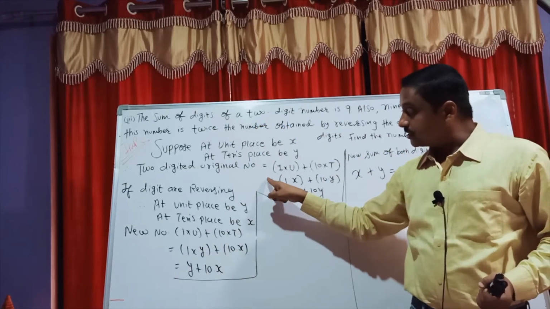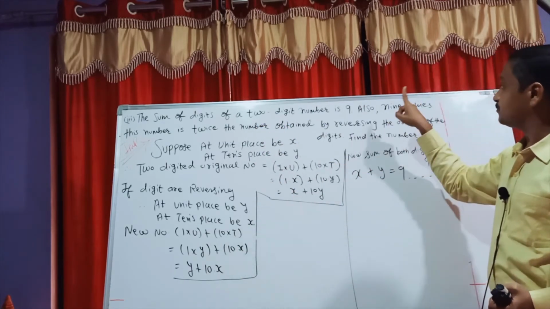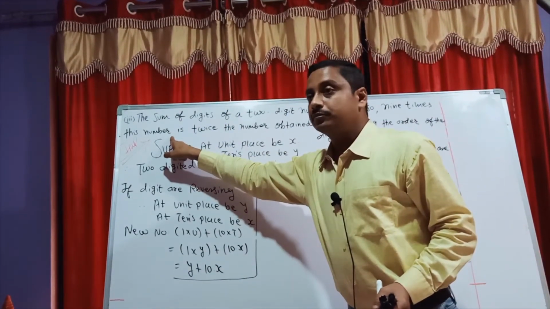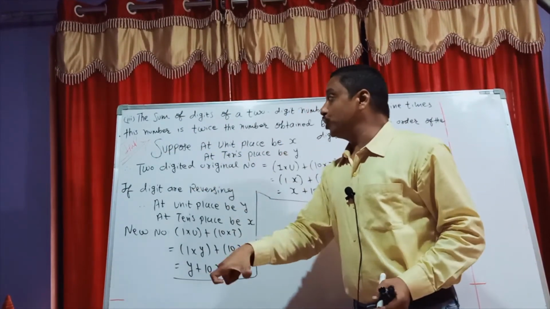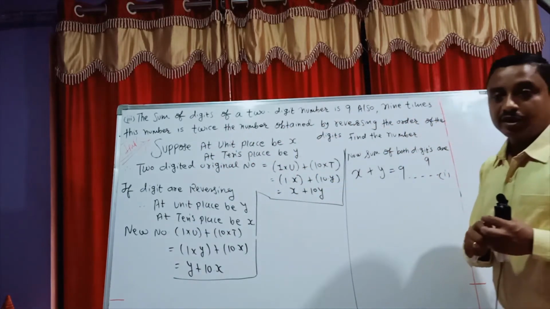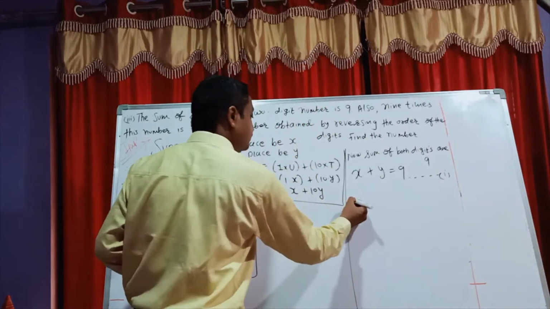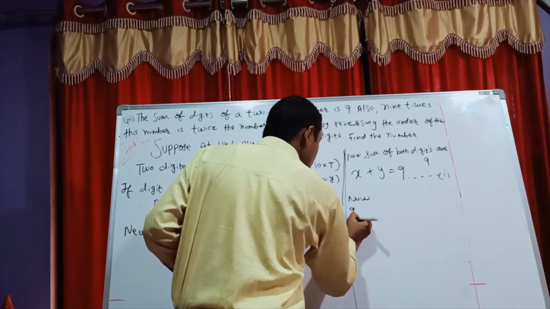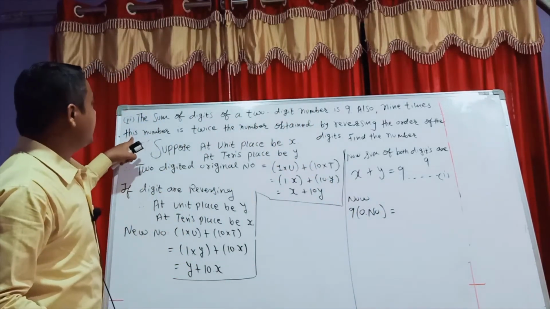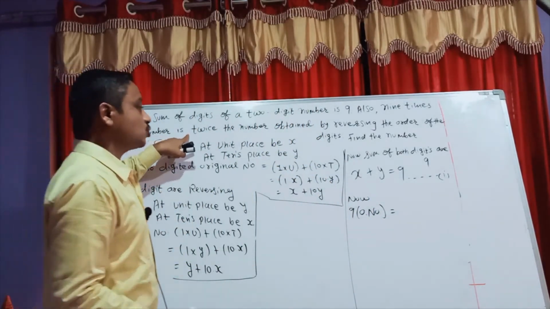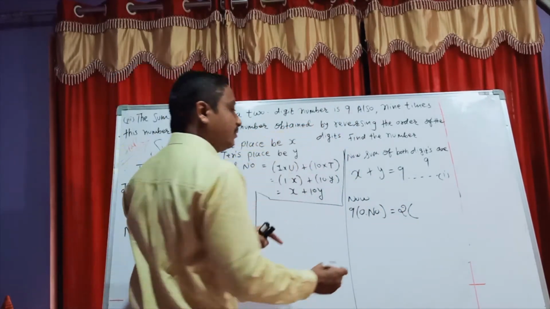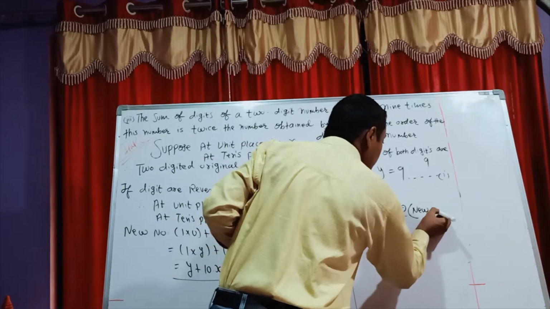You know why we calculate this and this? Because now we utilize it for that. Also, 9 times the original number is twice the number obtained by reversing the order. It means 9 times the original number is equal to twice the new number.